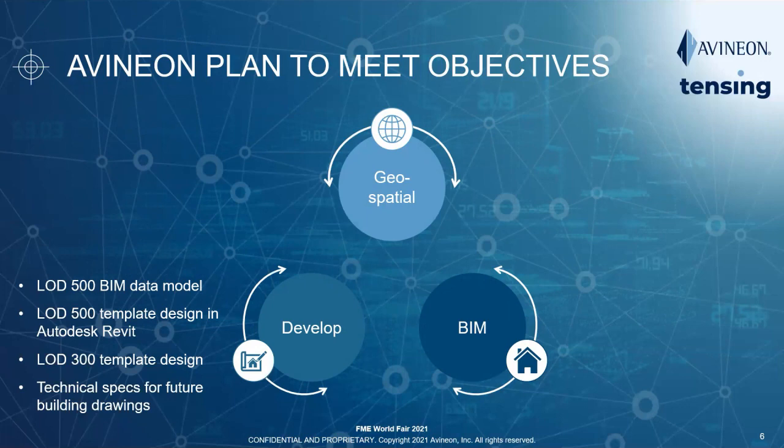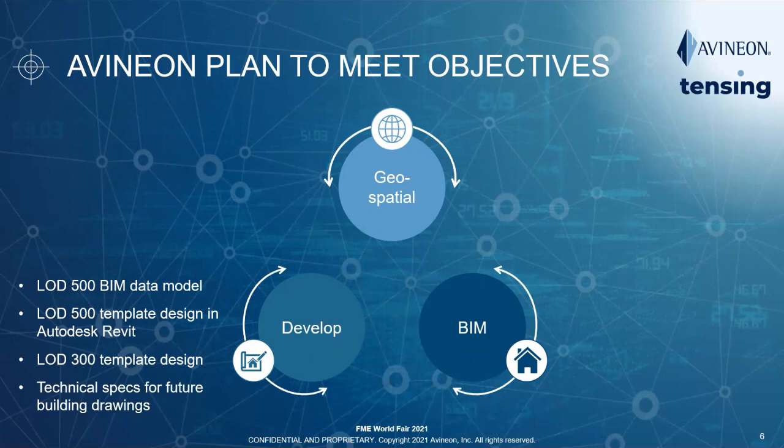And then also we designed LOD 300 based CAD drawing template for all the architectural elements. So they would be in compliance with the BIM requirements. And then we defined the technical specifications for LOD 300 and 500 to be followed by all contractors and consultants in the future when they submit drawings that would be incorporated into the BIM model.